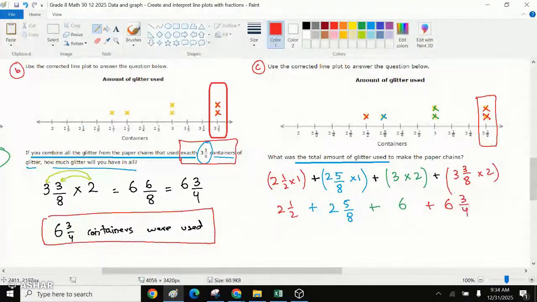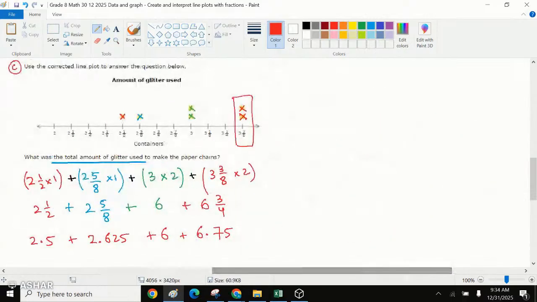We know that 5 divided by 8 is 0.625. We can do it by converting to decimals. This is 2.5 plus 2.625 plus 6 plus 6.75. When we add these numbers together, let's use a calculator over here, 2.625 plus 6 plus 6.75.